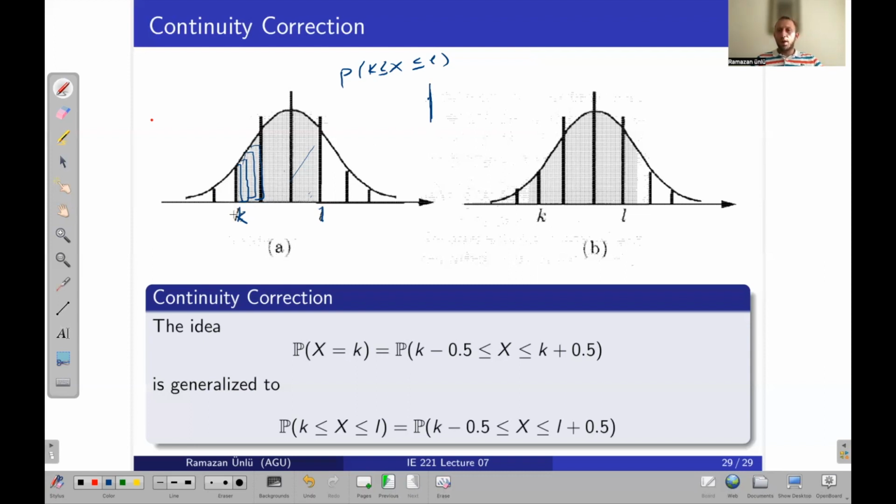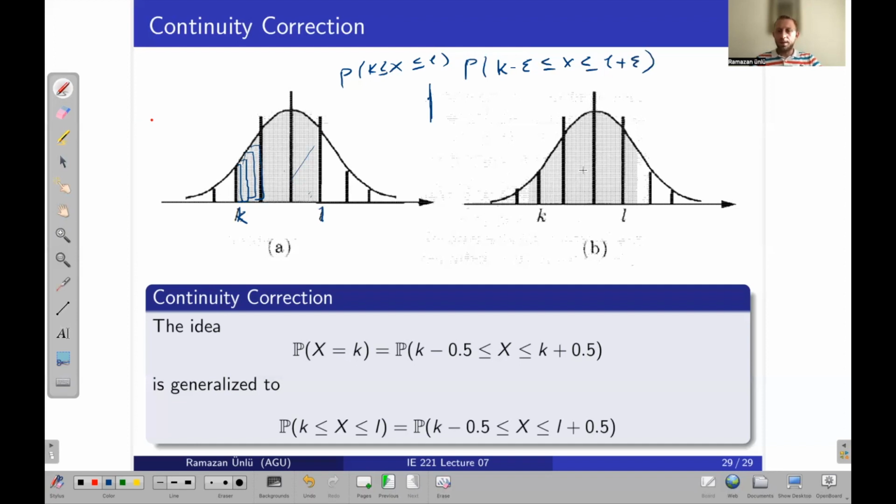So to improve the quality of the approximation, what I can do, instead of calculating this one, is calculate from K minus some epsilon value to L plus some epsilon value.